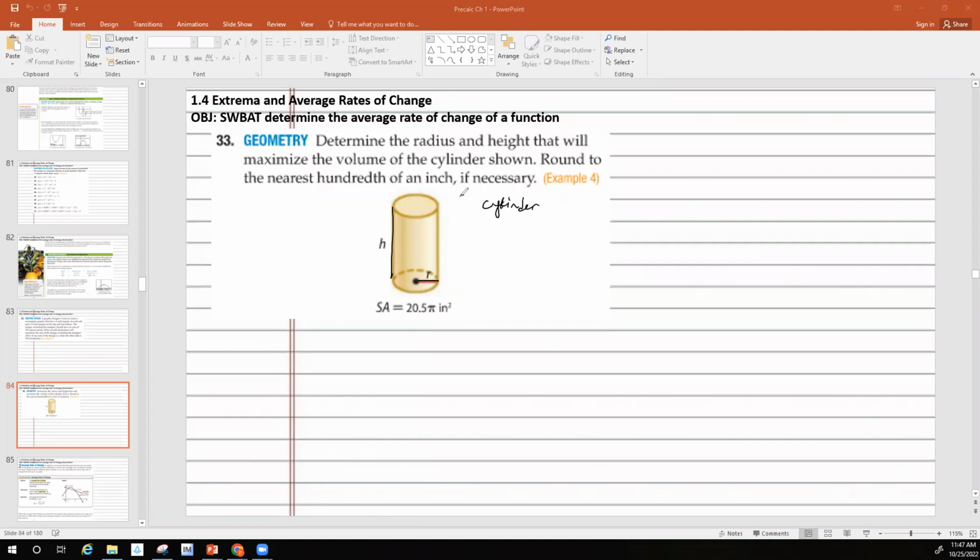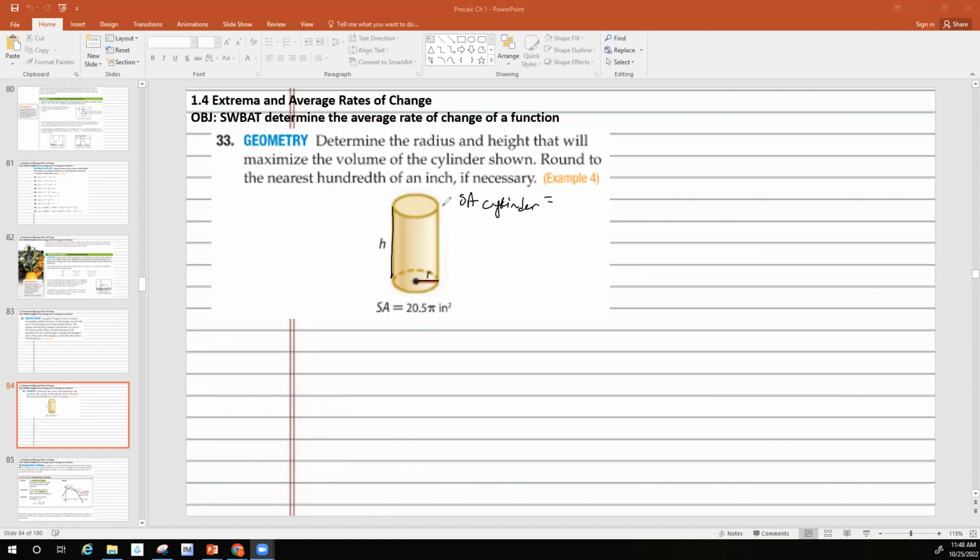How do you find it? We have three surfaces: the top circle, the bottom circle, and the outside part that wraps around those two circles. Those are the three things we need to find the area for.